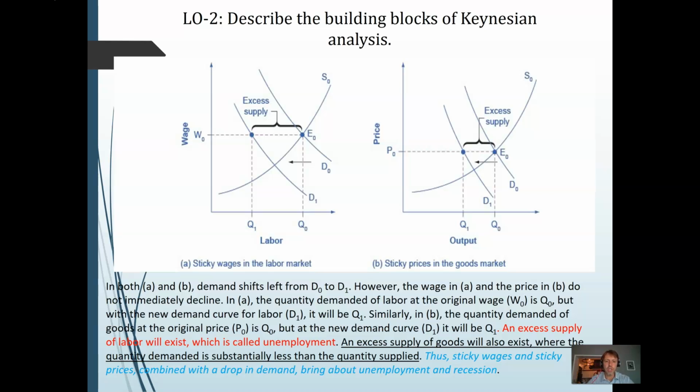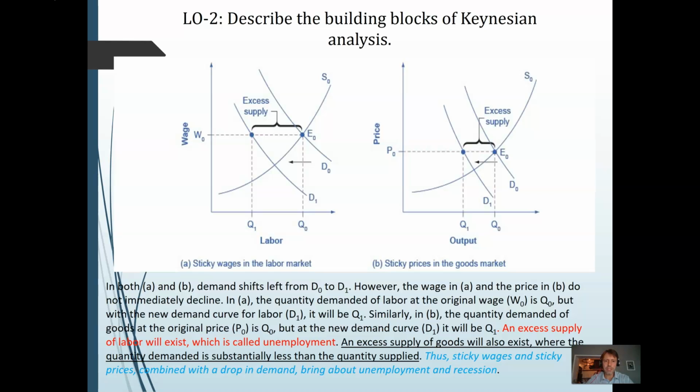So this is a good slide for you to pause on, read the comments below, understand what's happening in each, but one showing an excess of supply in terms of wages, where wages are seen to have difficulty decreasing. So we can't easily get back to this equilibrium point because wages don't come down according to Keynesian theory.